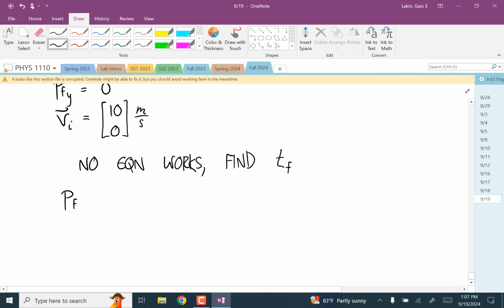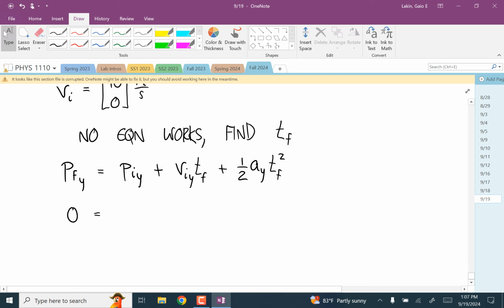And the equation that works to find time final is this one. P F Y is equal to P I Y plus V I Y T F plus 1/2 A Y T F squared. And just plug in our values. So we have 0 is equal to 4 plus V I Y is 0, so this whole term goes away, minus 4.905 T F squared.